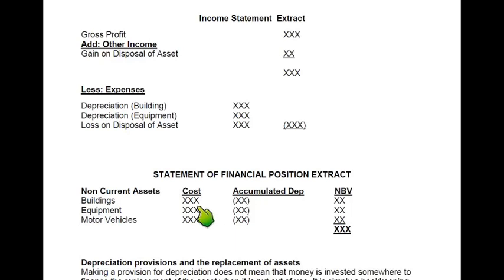And if the asset originally cost 30,000 and the accumulated is 12,000, we'll be writing 18,000 here, net book value. And after these two, we no longer need these two columns. We just need the net book value and add all these net book values. So these were the income statement and balance sheet extracts.